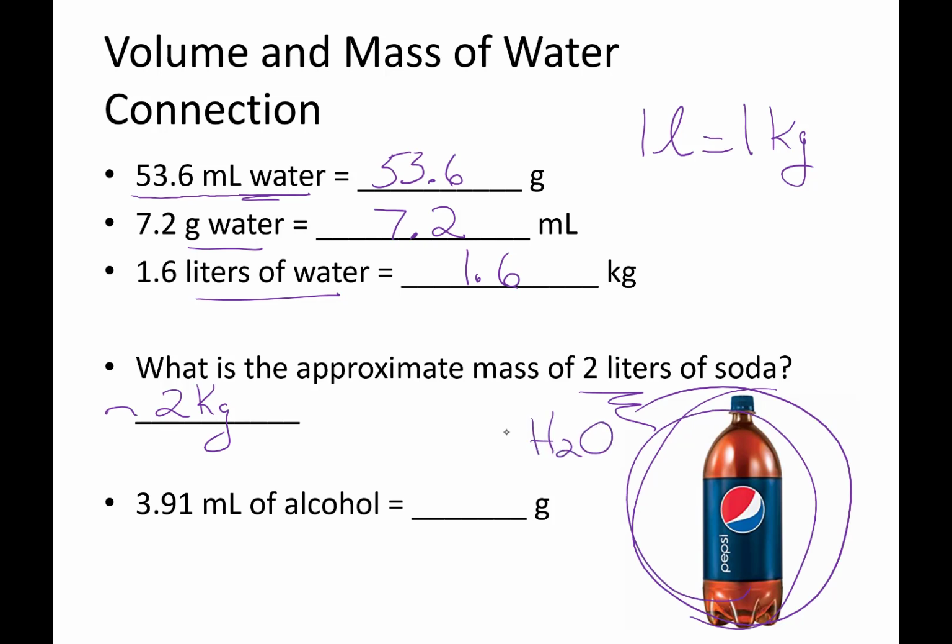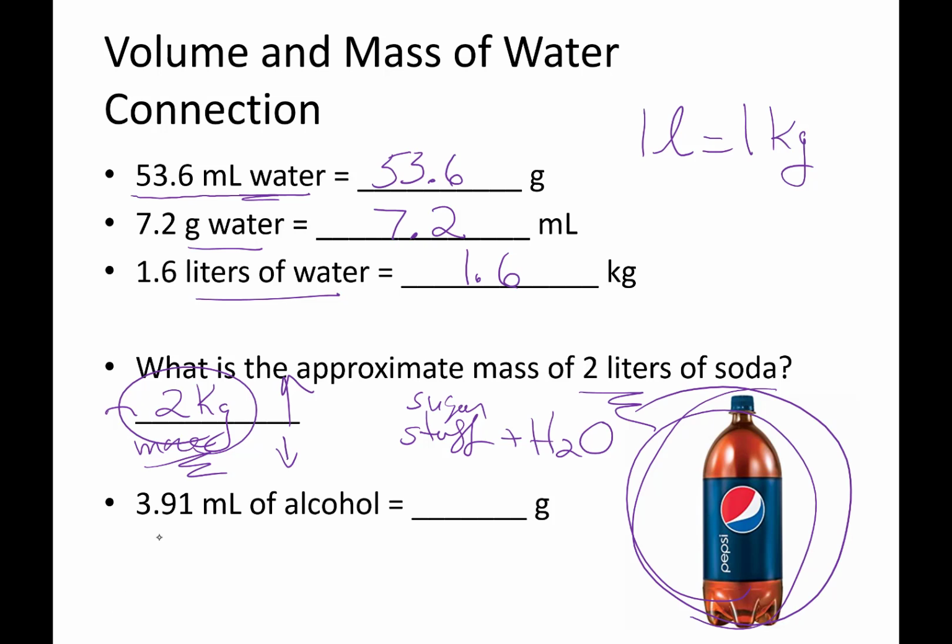It's water plus stuff. Now, what stuff is going to be in there? Well, a lot of it is going to be sugar. So do you think this is going to be more than 2 kilograms or less than 2 kilograms? Oh, yeah. So it's going to be slightly more than 2 kilograms for all of the flavoring and the sugar that's involved. But you can logic through an awful lot of this stuff.